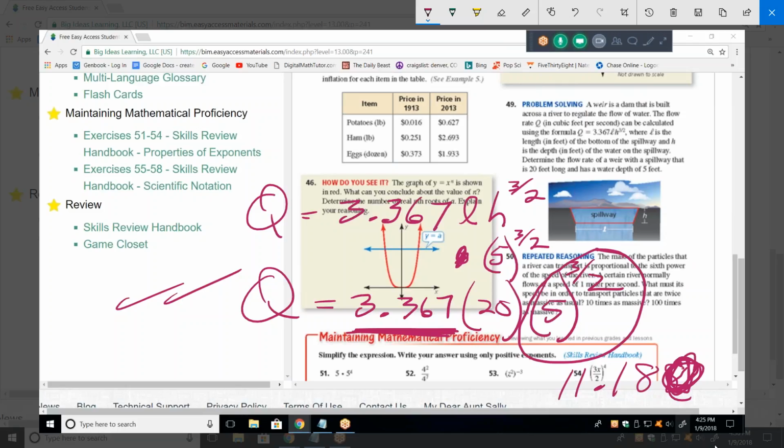Okay, so 3.367. 37.64306. Now you can round it off if they want you to round it off. And I'm presuming they still want you to round it off because it's not a rational number.